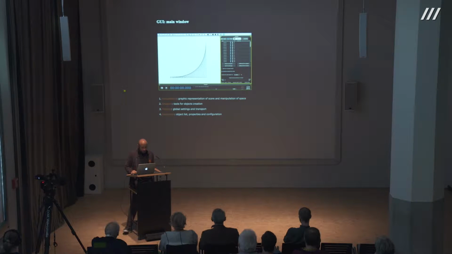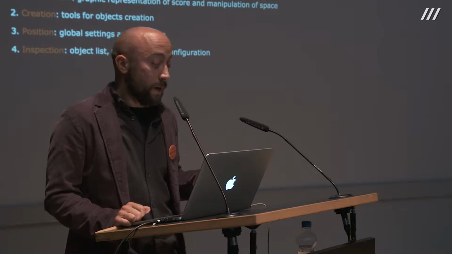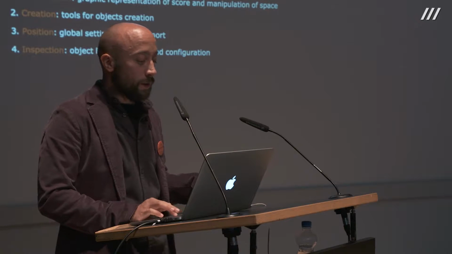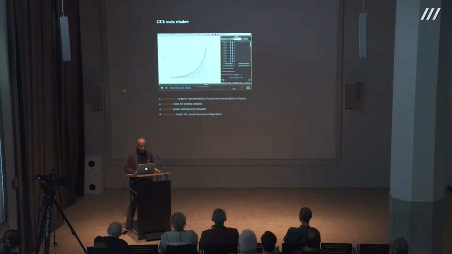I would like to go now more in depth in the interface. This is the main window, actually, which is divided in four parts. So we have this part, which is the representation of the score, so the visualization, and also we can edit the score from here.